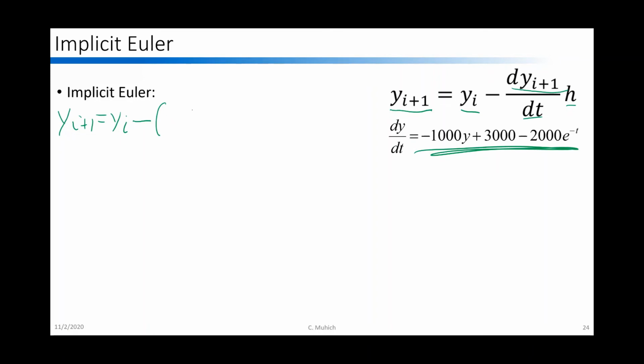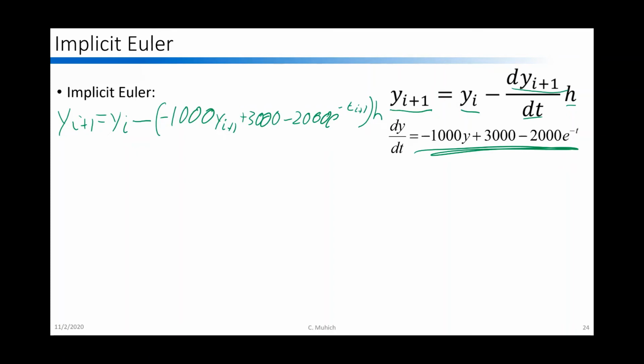In this case, we get minus 1,000 times y_{i+1} plus 3,000 minus 2,000 e^(-t_{i+1}) times h.